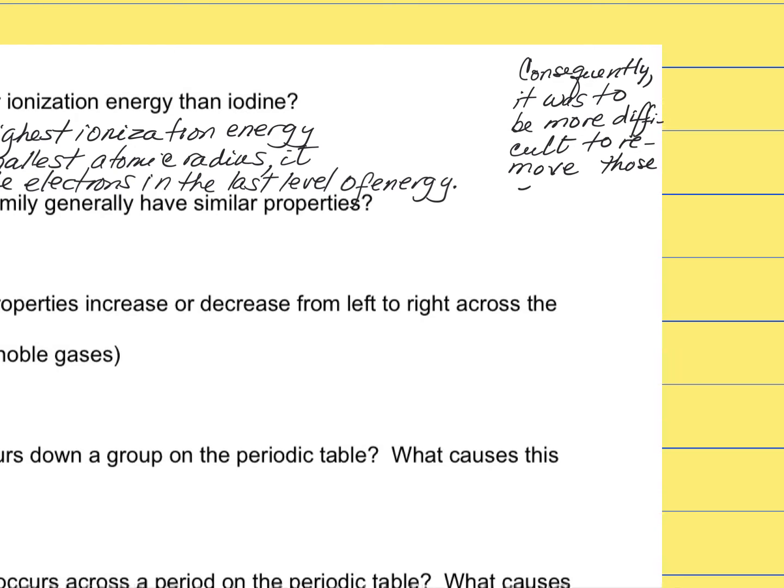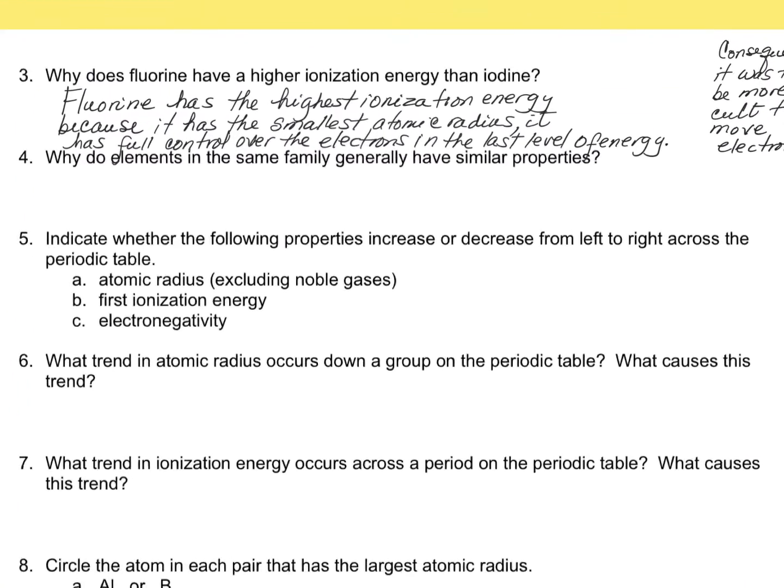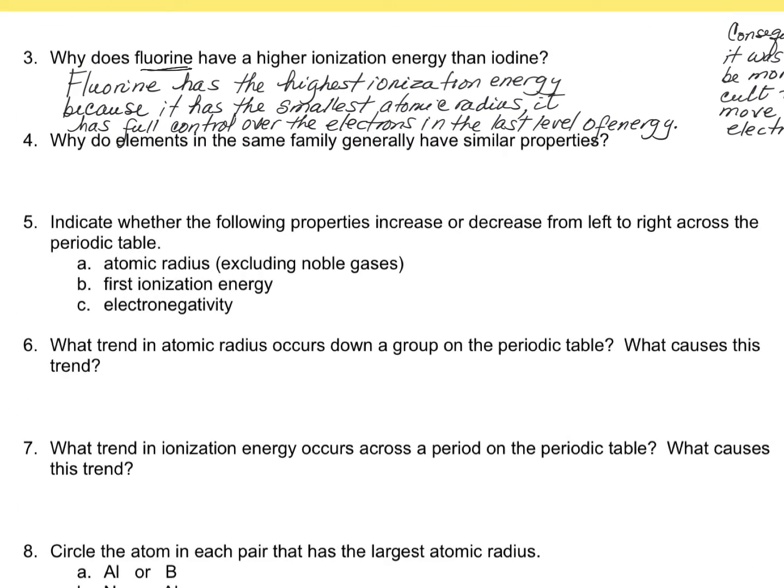those electrons. So you're going to need more energy to remove the electrons that fluorine has on the last level of energy than iodine, because iodine has like 4 levels of energy. It's in period number 4. It's in period number 5. My mistake.